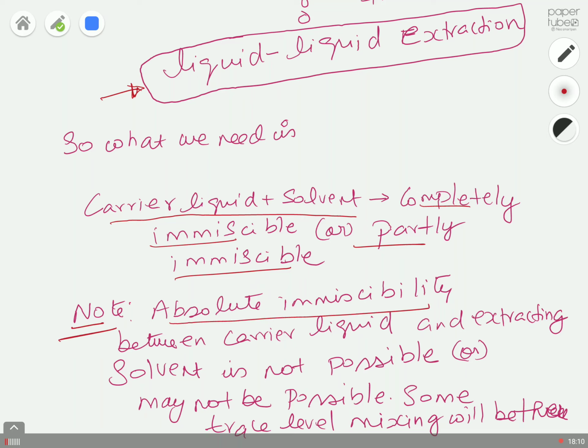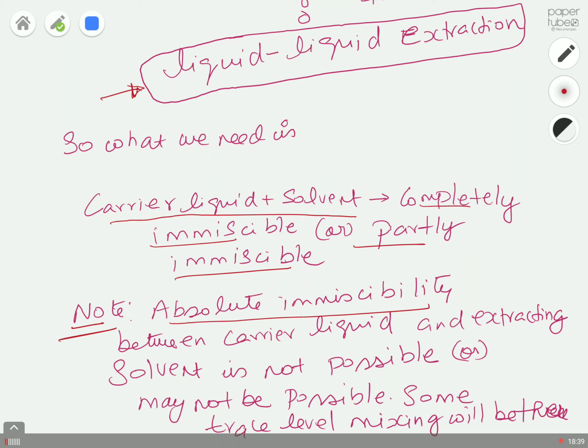Another thing you should know: whenever I talked about type 1, I said your solvent and your carrier liquid are completely immiscible. But in reality, when you put two liquids which the literature or other people claim as completely immiscible, there is something called absolute immiscibility. There will be a tiny bit of mass transfer from one liquid to the other.